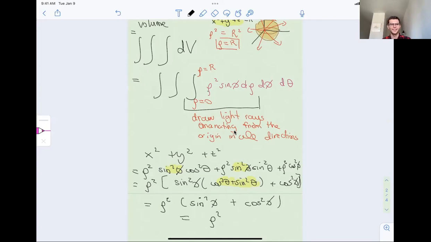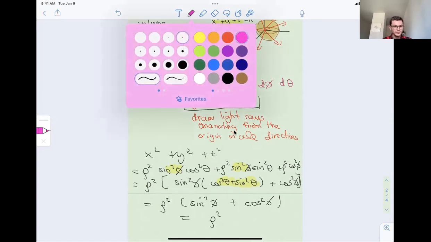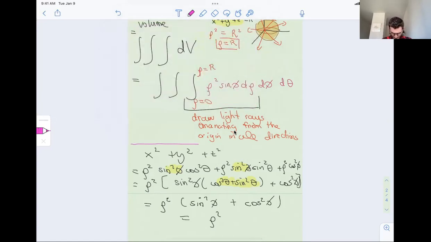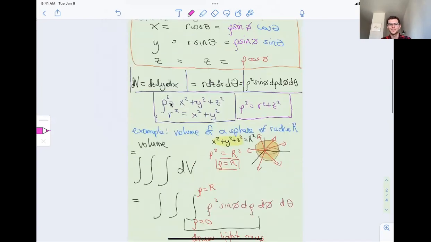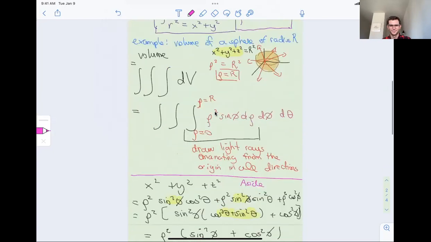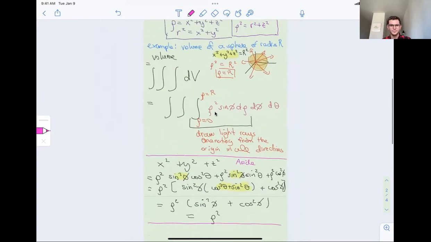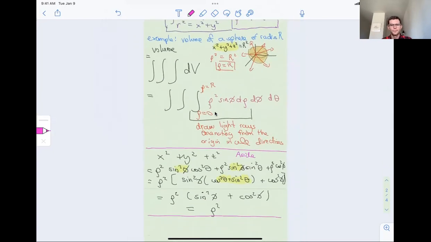Is that okay with everyone? So this is an aside. Or you could trust me and just use that rho squared equals x squared plus y squared plus z squared. But yeah, it's the same. Is that okay, so far so good with everyone?